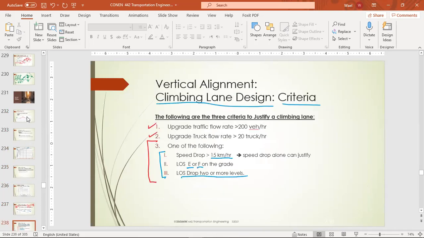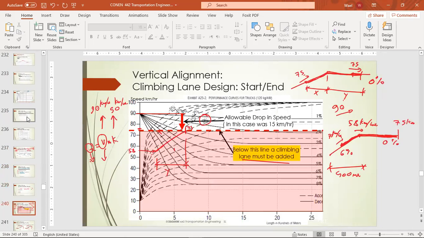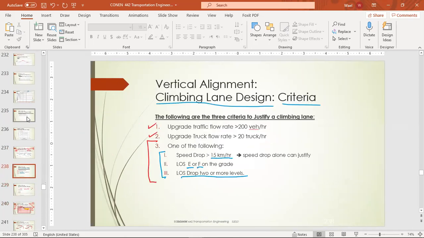Okay, we discussed this before, and we discussed the issue of climbing lanes, and these are the criteria for climbing lanes. These three criteria must be satisfied. The first one, that we have sufficient traffic volume. The second one, that we have an acceptable number of trucks per hour.